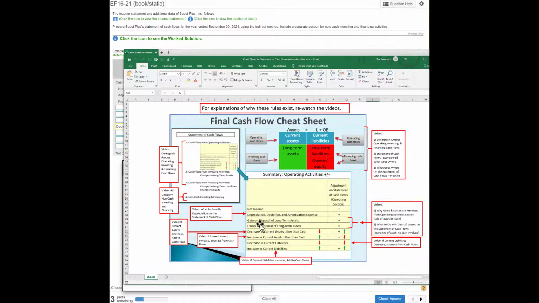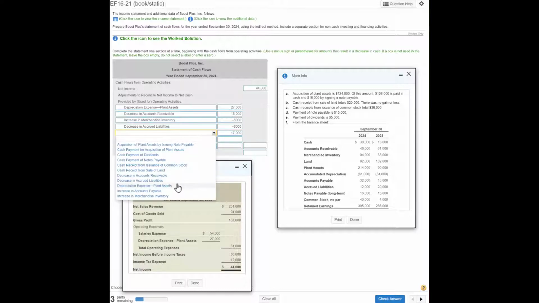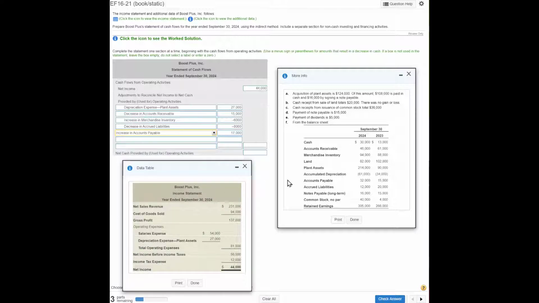So in that case, an increase in current liabilities, you add it. A difference of 17,000? We're going to add that. We put in the comma for you. Increase in AP. And looking down here, I don't see any other current assets or current liabilities, so we're done.